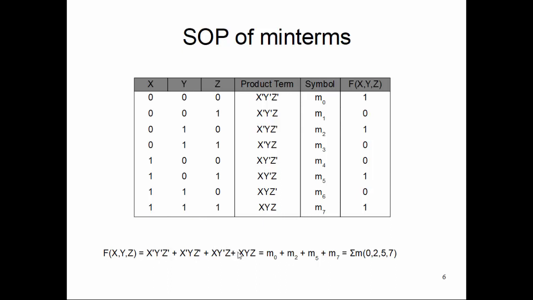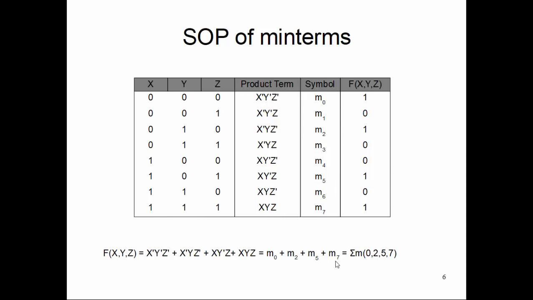Then we replace each minterm or product term by its symbol. This one becomes m0, x bar y z bar is m2, and so on. So practically, you can straight away write the function as m0 or m2 or m5 or m7.